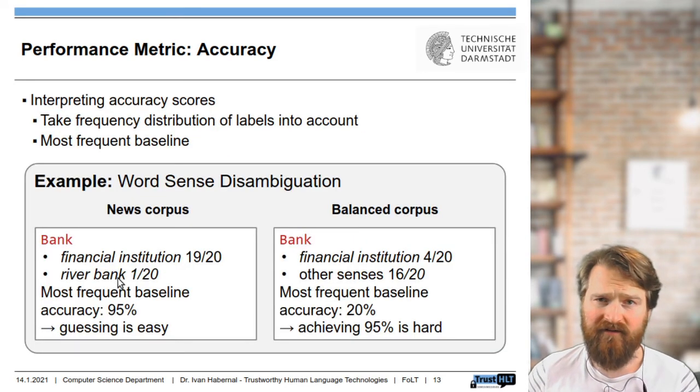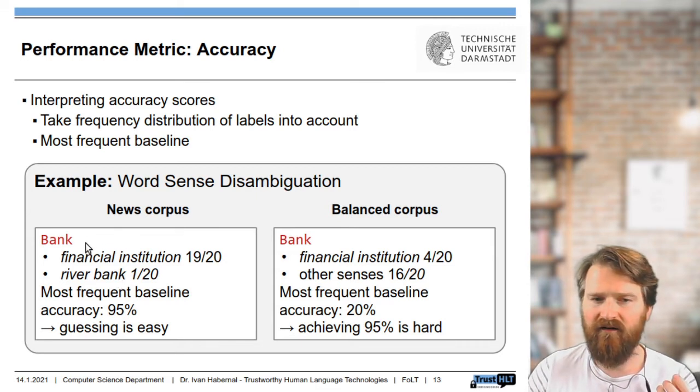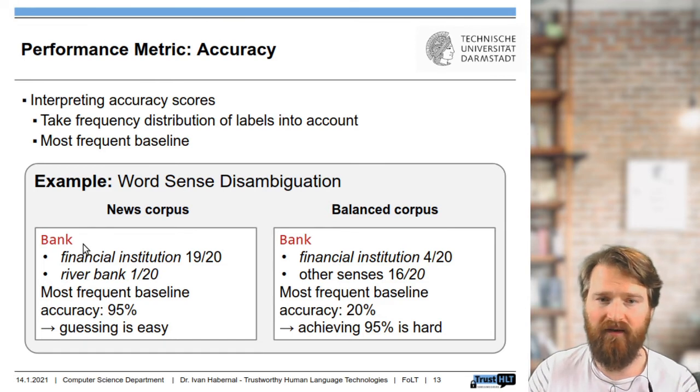How do we understand accuracy? Accuracy has some properties that reflect the true distribution of the labels in the gold standard data. So for example, let's classify word senses. Word sense disambiguation, and we have the word bank, and in most of the cases it's a financial institution, and the other sense, river bank, is just in 5% of the data.